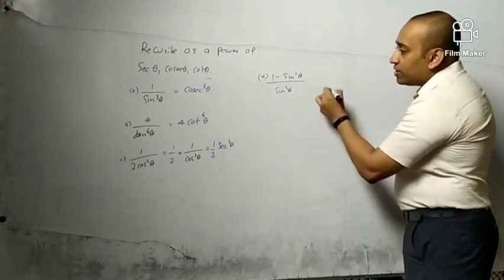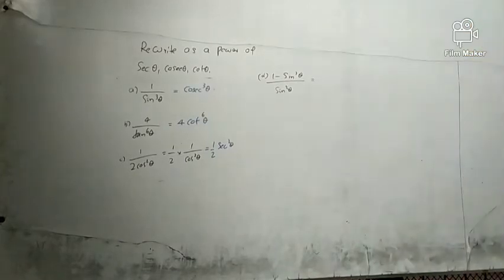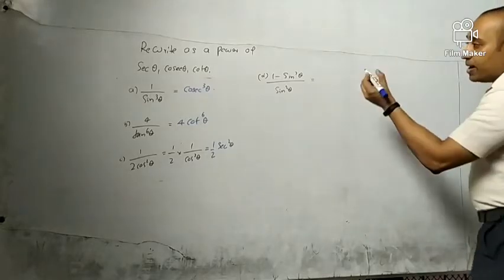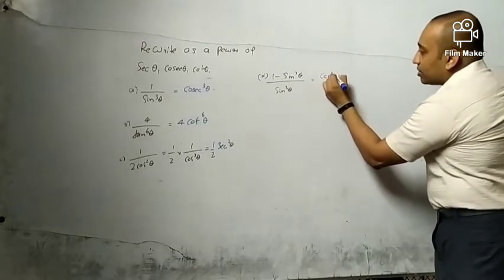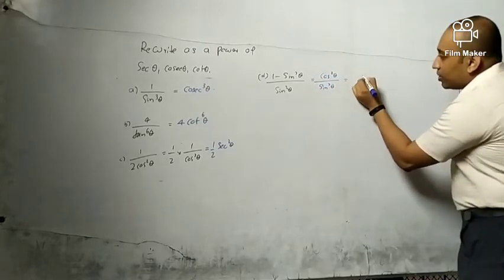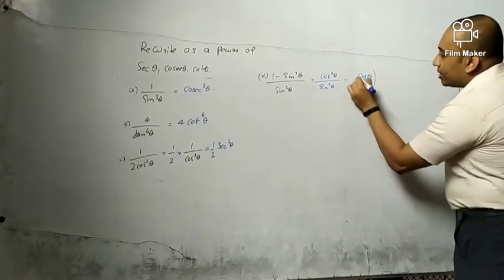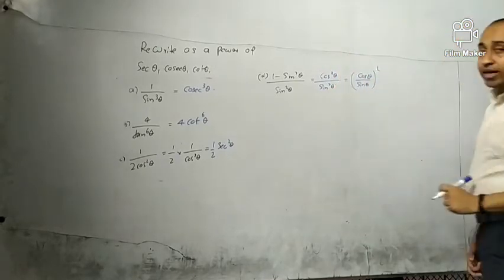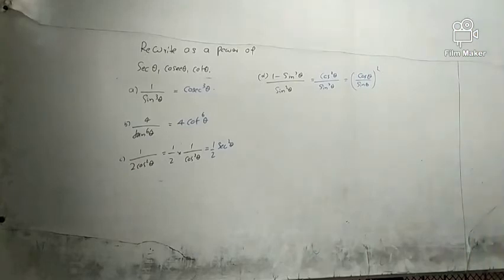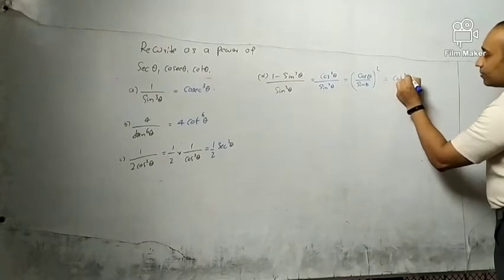We know that 1 minus sin square theta you can say is cos square theta, because we know that sin square theta plus cos square theta equals 1. Therefore 1 minus sin square theta over sin square theta is equal to cos square theta over sin square theta. So you can say cos theta over sin theta, all squared. Cos theta over sin theta is cot theta, so this should be cot square theta.